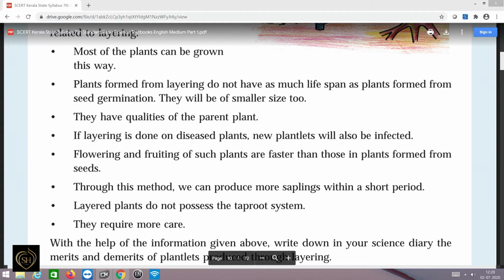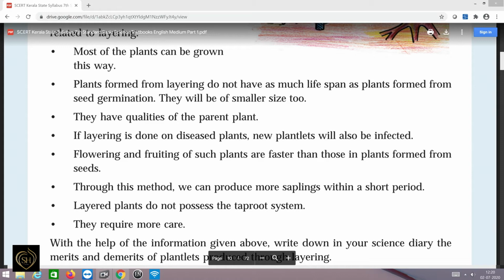The first demerit is less lifespan. The plants formed from layering have less lifespan compared to plants produced from seeds. They will grow only for a little time, and after that they will die.